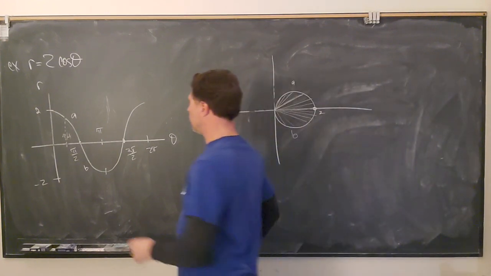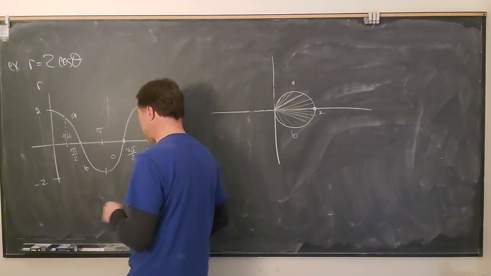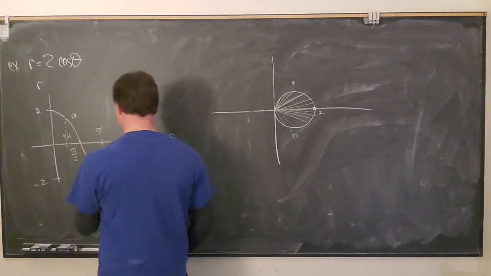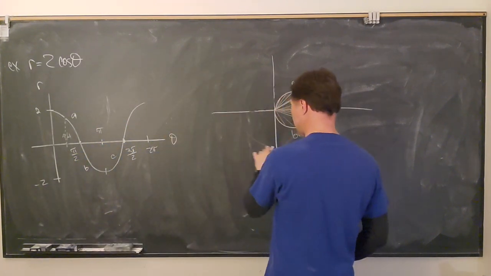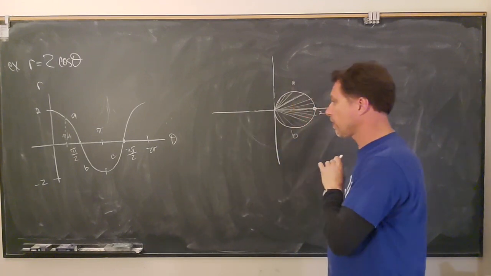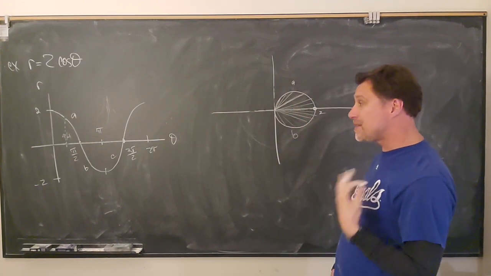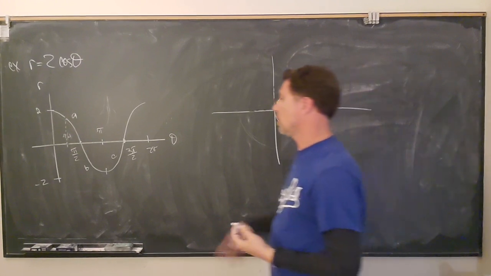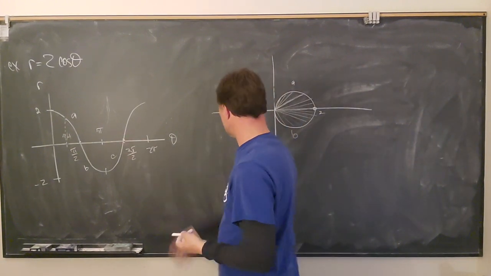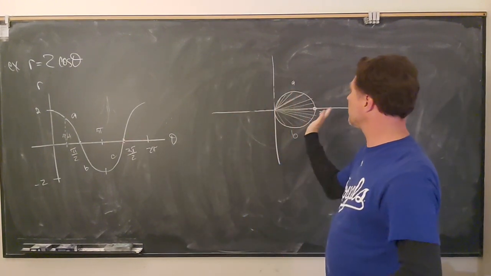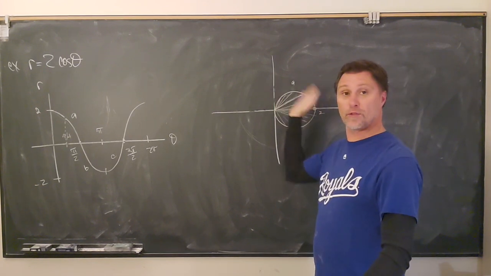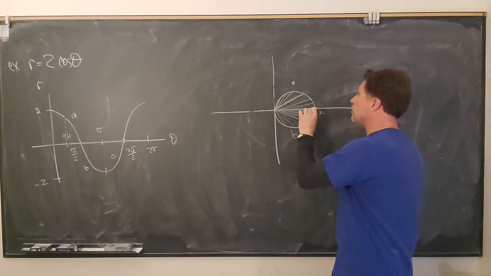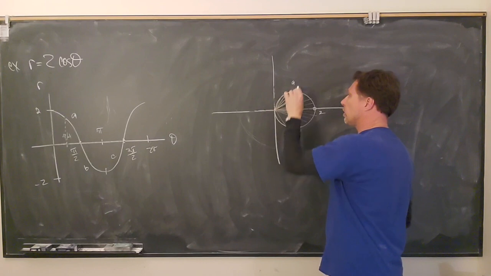All right, next segment, let's label that C. As theta goes from pi to 3 pi over 2, that's the third quadrant. Our radius is going from negative 2 back to 0. So if we're in the third quadrant and the radius is negative, we'll be drawing in the first quadrant, starting at 2 and going back to 0.